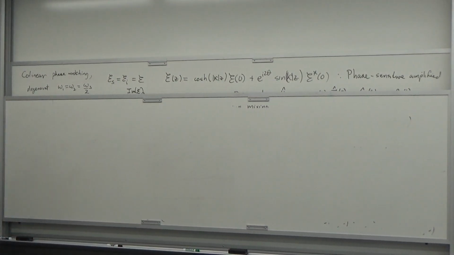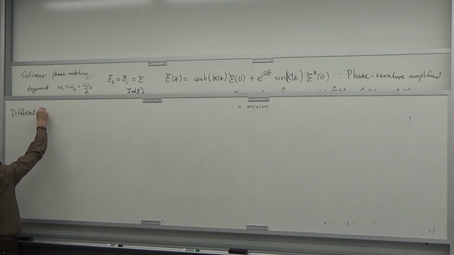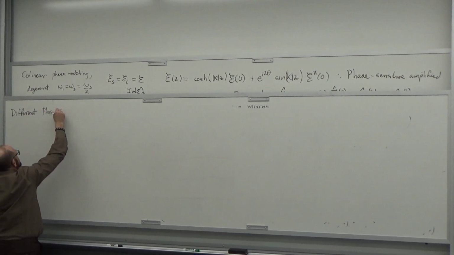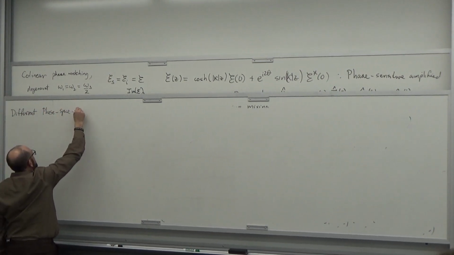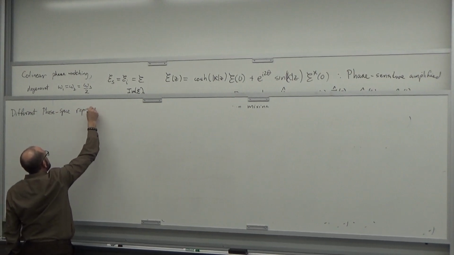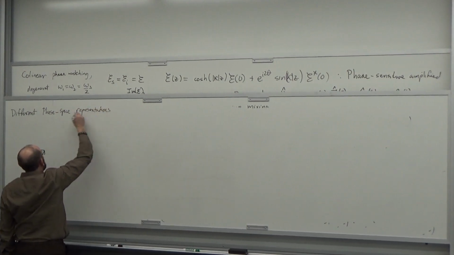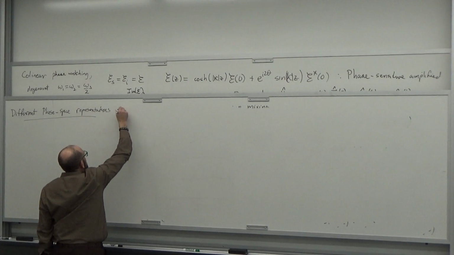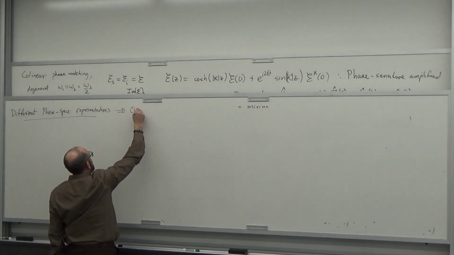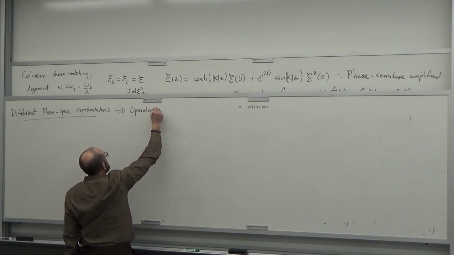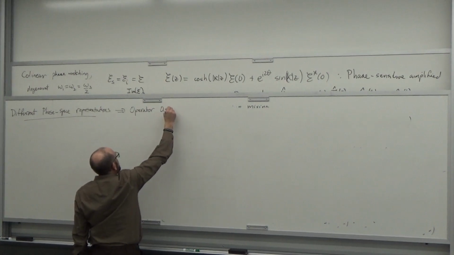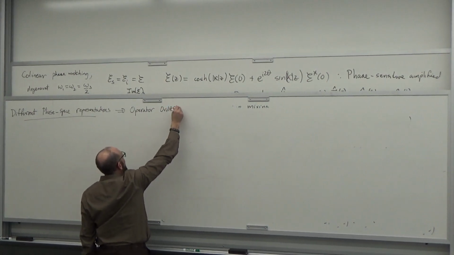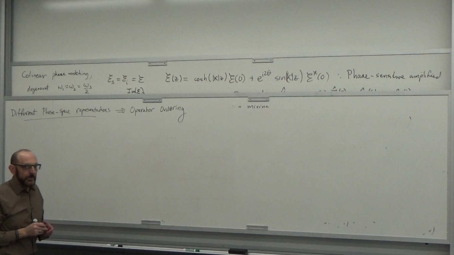So let's talk about different phase space representations, and the question of operator ordering. In other words, what order I put A and A dagger makes a difference because they don't commute.